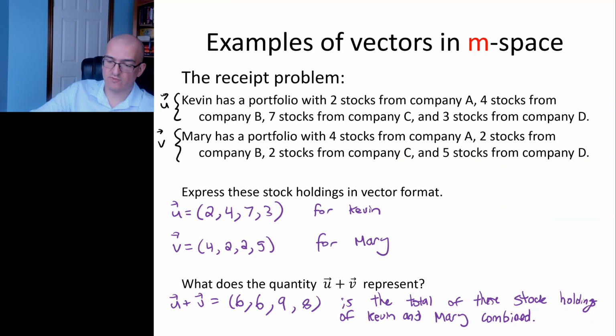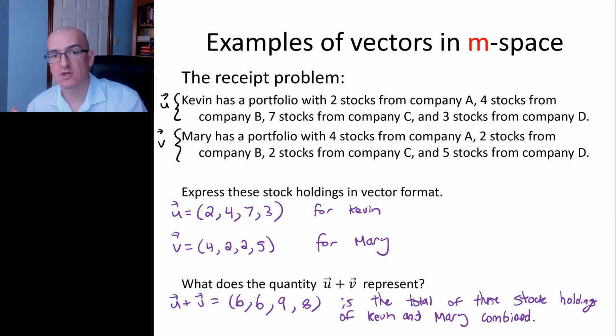So if they were to combine their stock holdings, the vector addition is what would tell you what the totals of each type are. We would have to keep track of which component corresponds to which stock. We wouldn't want to change our minds halfway through the calculation and say the third component is now going to be some other company's stock for Mary than it is for Kevin. We want to be consistent so that we can do this type of vector addition and keep track appropriately.